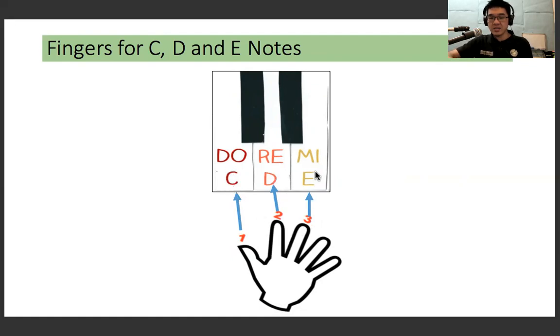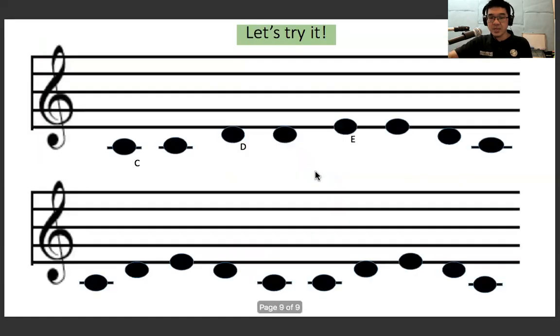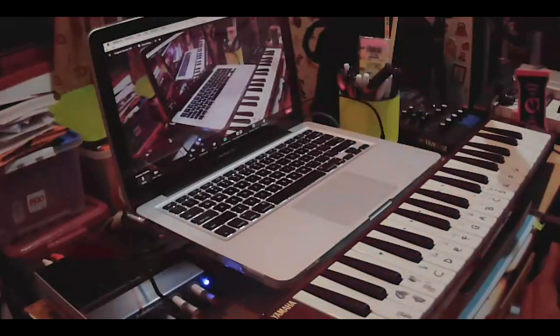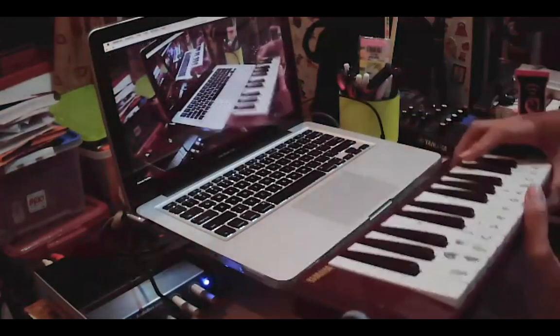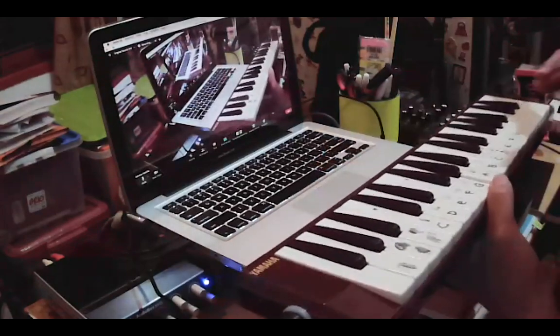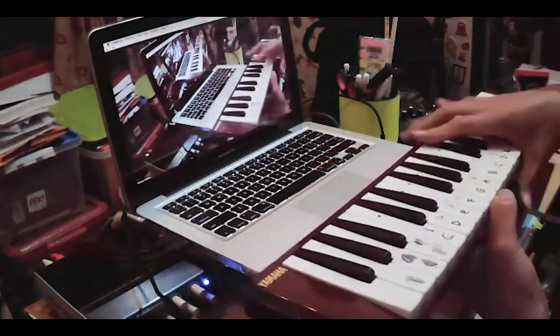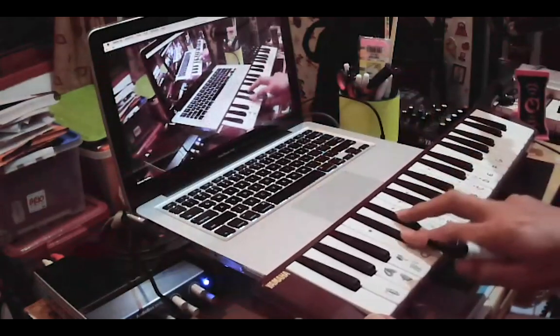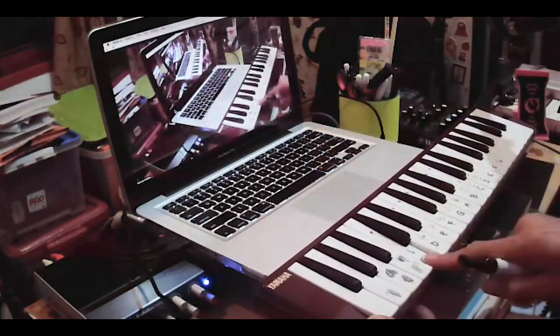I'm going to show you how it looks if I do this in Pianika. Let's check it out. This is how it looks if I do this in Pianika. First two black keys, this is where your middle C is.